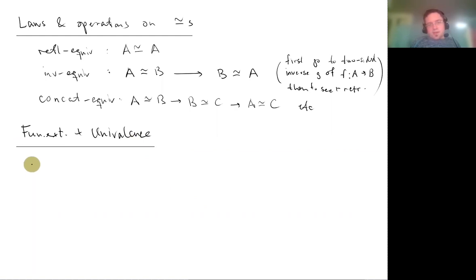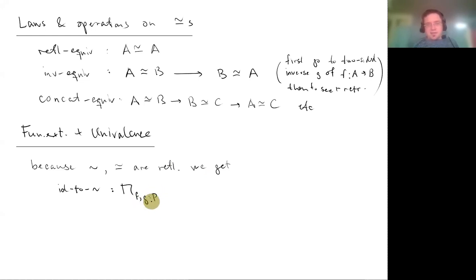So because homotopy and equivalence are reflexive relations, we get these functions. So from an identification to a homotopy, this is a function that takes two dependent functions in a pi type.